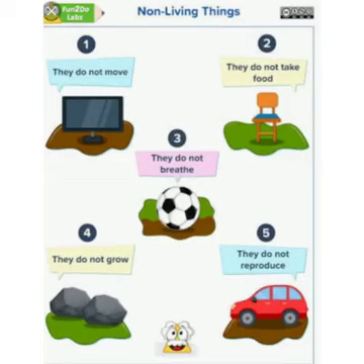Okay, children, now let's see about how living things move. Children, living things need food and shelter, right? So living things can move on their own, and animals move from one place to another in search of food and shelter.